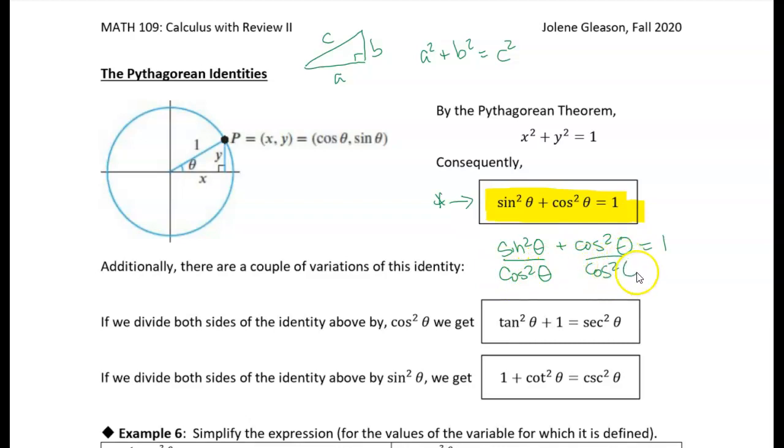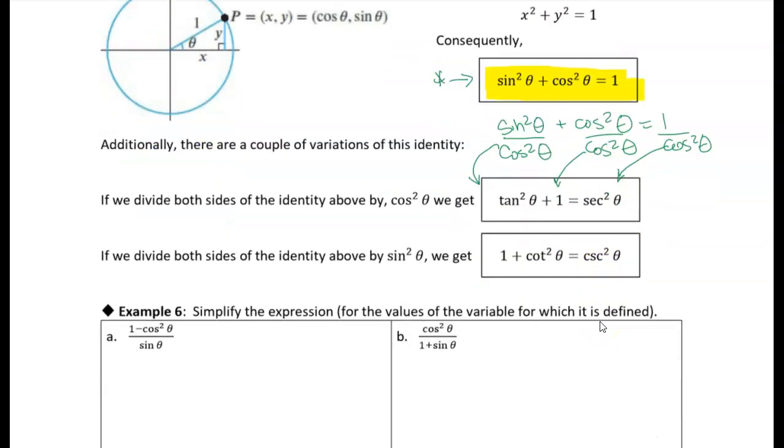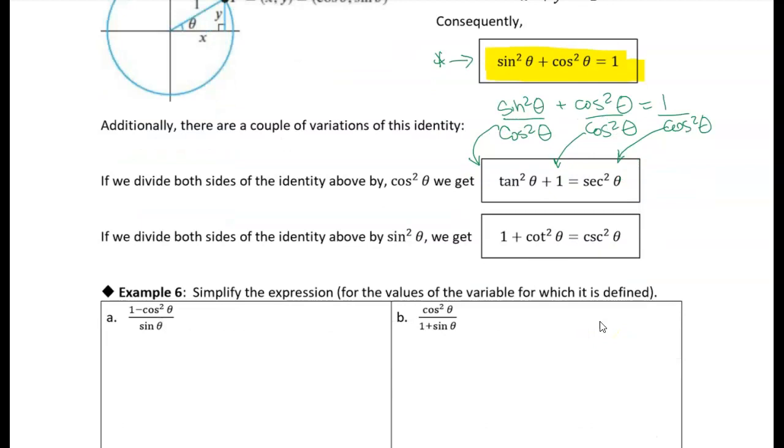So what I end up with, because sine squared over cosine squared is tangent squared, cosine squared over cosine squared is 1, and 1 over cosine squared is secant squared, is a new Pythagorean identity that says that tangent squared plus 1 is equal to secant squared. Okay?